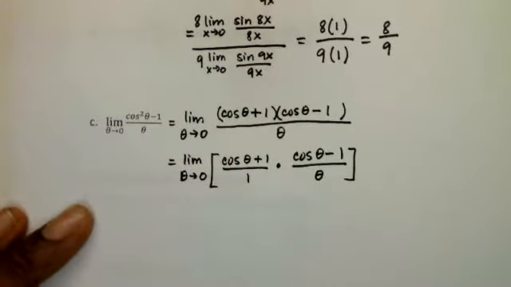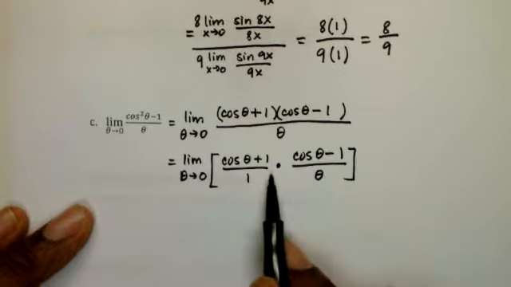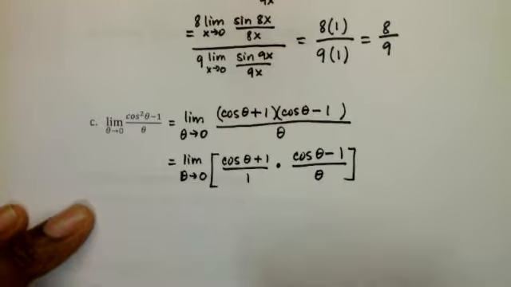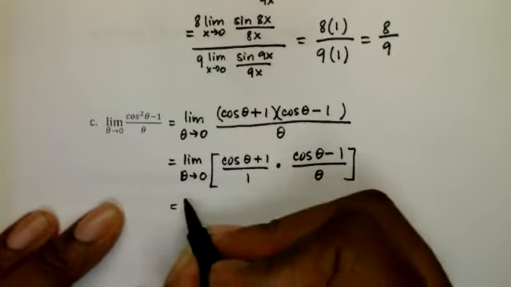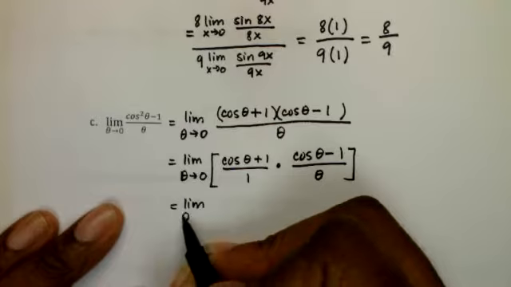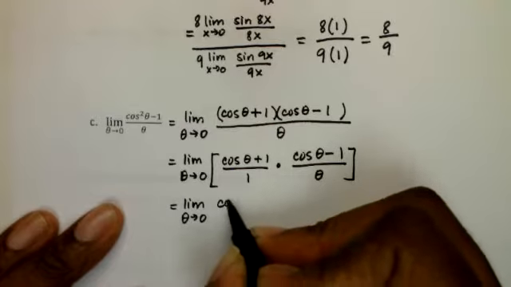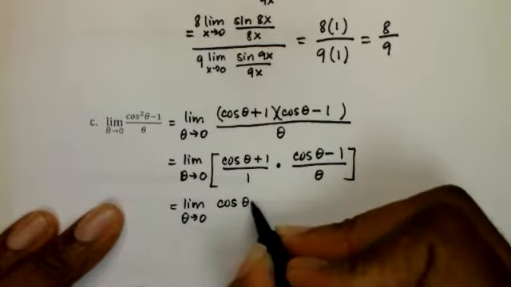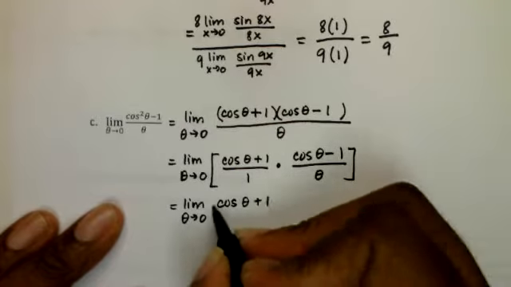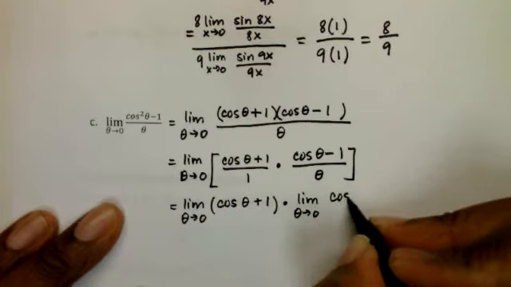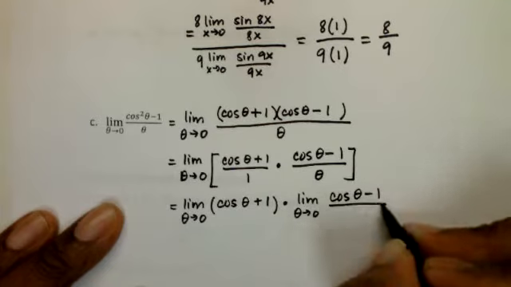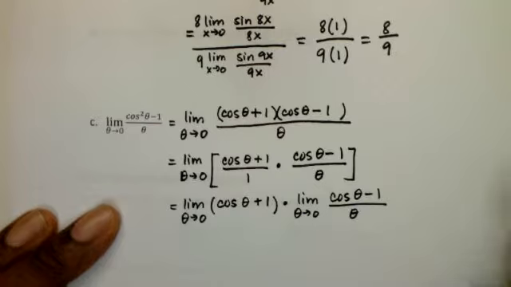So I'm breaking it up like this. Now, if I take the limit of a product, that's going to be the product of their individual limits. So here, I have the limit as theta approaches 0 of cosine theta plus 1 times the limit as theta approaches 0 of cosine theta minus 1 divided by theta.